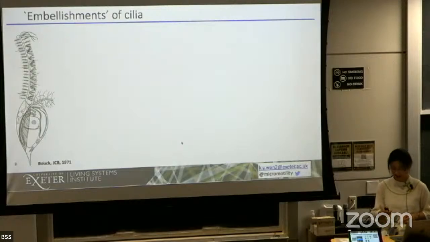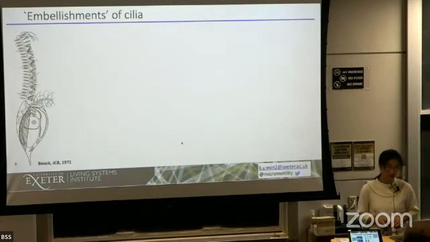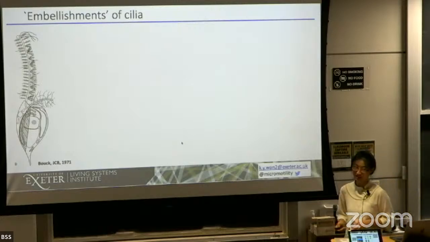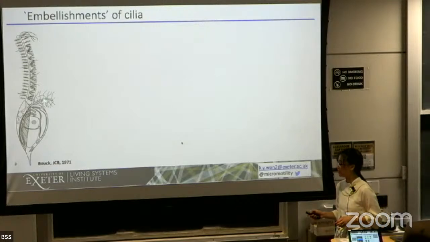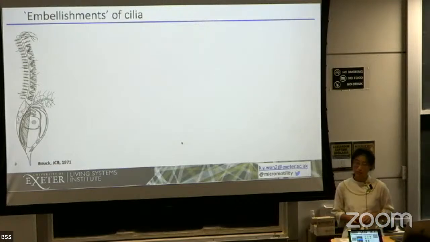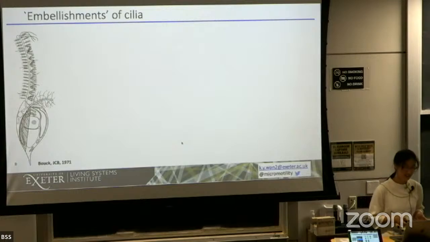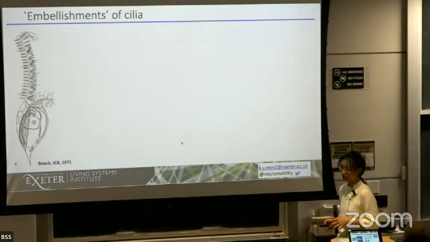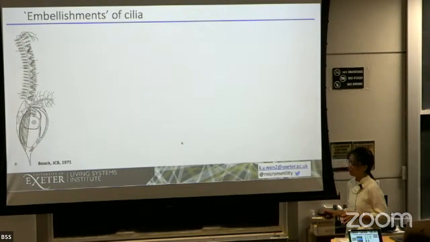So what is this? This is a single-celled organism called Ochromonas, which has two of the cilia, or eukaryotic flagella. One of these is shorter than the other, and we believe that only one is actually used for propulsion. We can discuss what the other one is for another time.